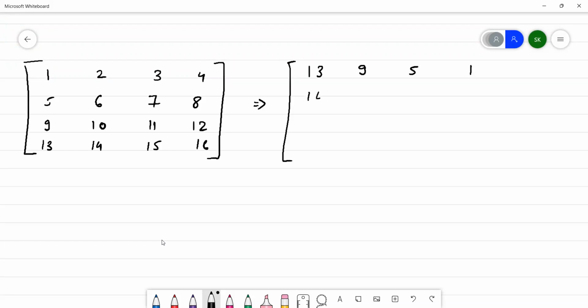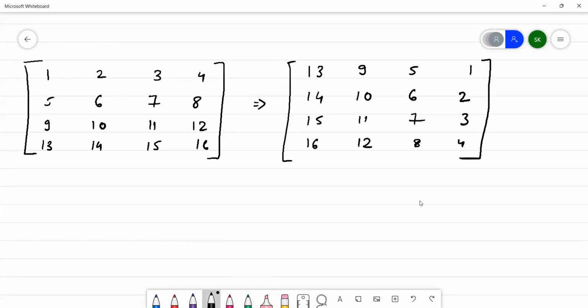Next it will be 14, 10, 6 and 2, then 15, 11, 7 and 3. And the last will be 16, 12, 8 and 4. Correct?